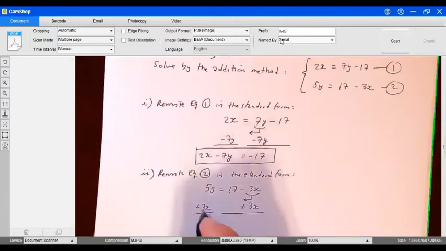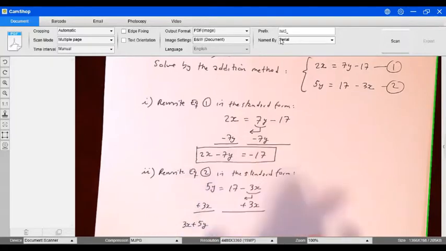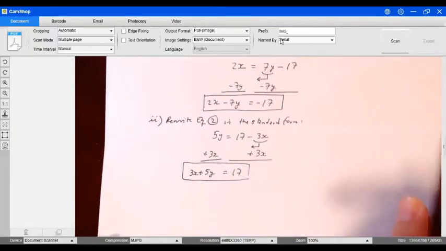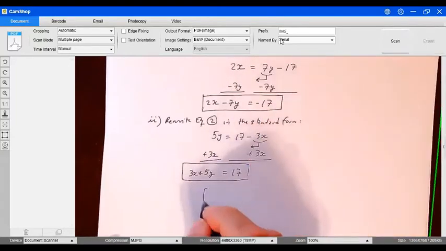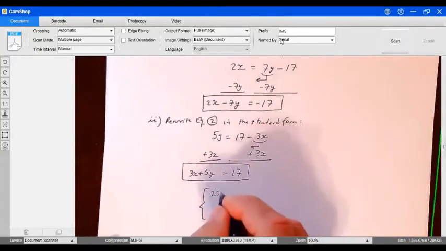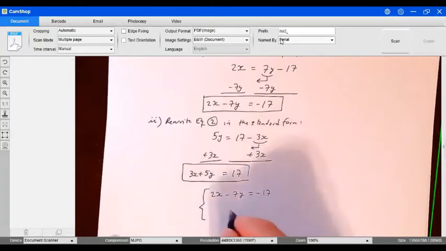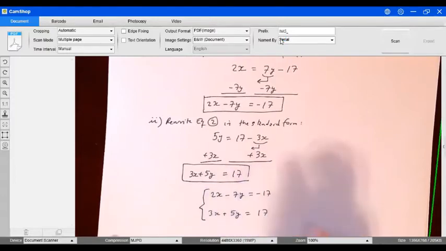So I'm going to write first x's. So I'm going to write 3x plus 5y, and this is going to be equal to 17. So this is going to be the second equation. So now my system is going to be written in the following way: 2x minus 7y equals negative 17, and 3x plus 5y equals 17.